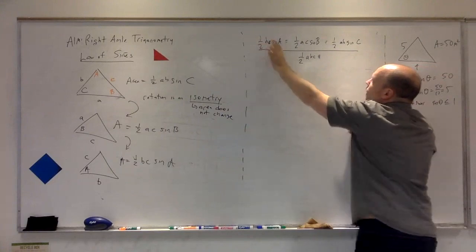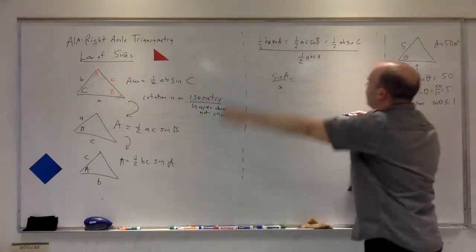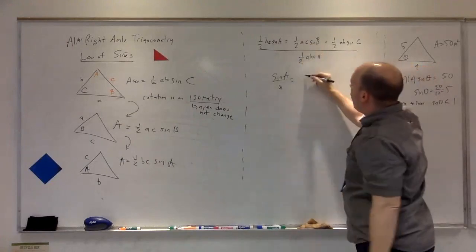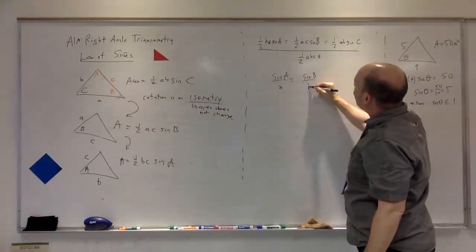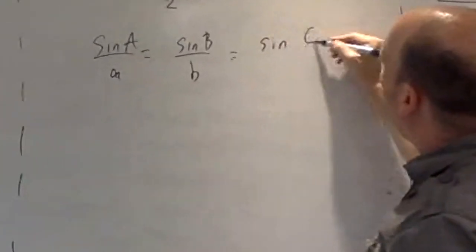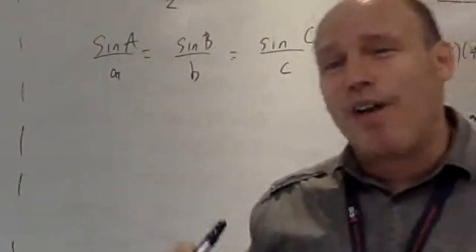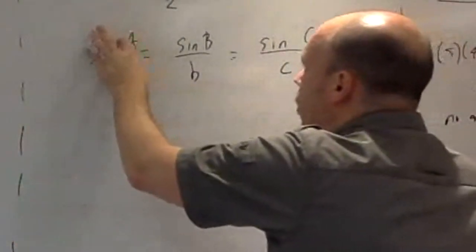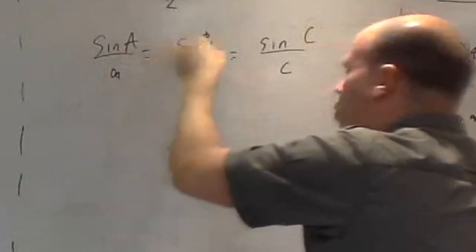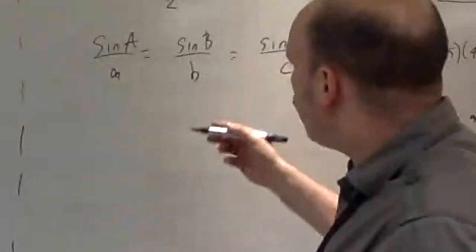If I take out the half and the BC, I'm left with sine of A over A. And if I divide the second term by 1/2 ABC, I get rid of the half, the A, and the C, and so I have sine of B over B. And the last is sine of C over C. This is kind of cool: it's a relationship among the sides and the angles of any triangle, that the ratio of the sine of an angle over its opposite side is proportional. And that's kind of cool.